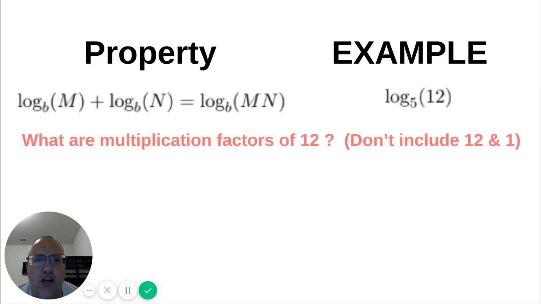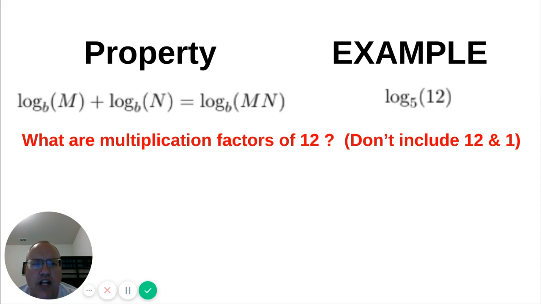Before I get started, I want you to think about what the multiplication factors of 12 are. I don't want you to include 12 and 1, because remember, we don't want our b value to equal 1 in this case.